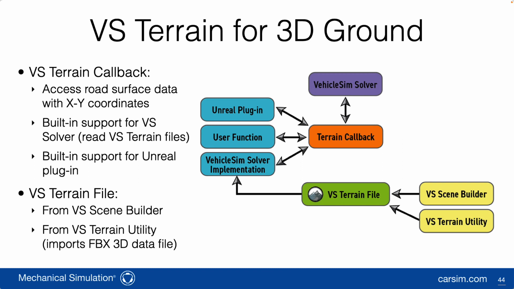So when you're making your run, you really have two options. You're either using VS Roads or VS Terrain. And when you're using VS Terrain, we don't have a native builder, but we do have Scene Builder, which lets you build tiles, making use of existing VS Terrain files. And we have VS Terrain Utility that lets you import data from other formats and make use of them in our software.